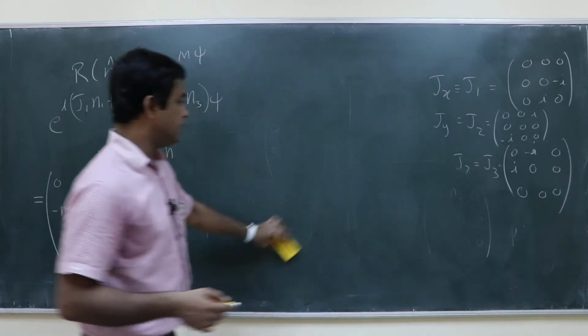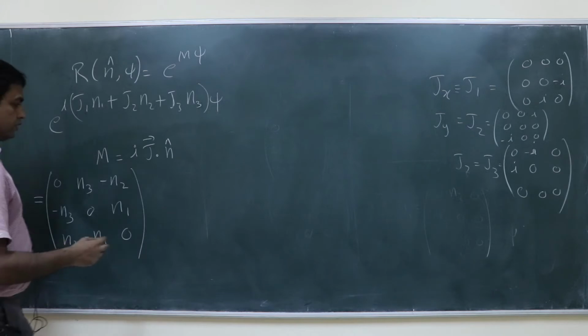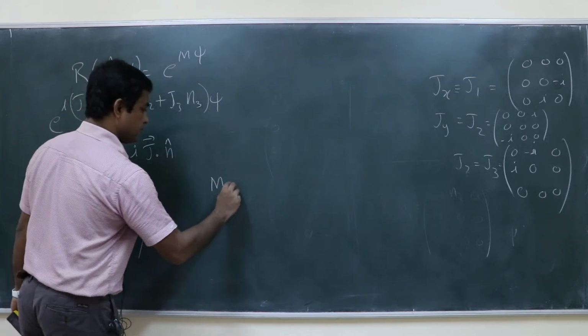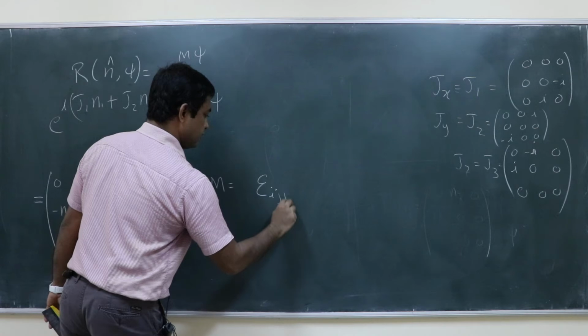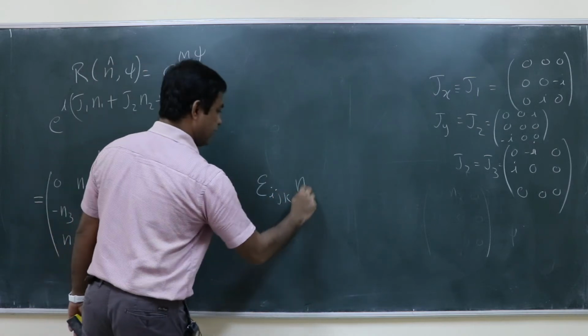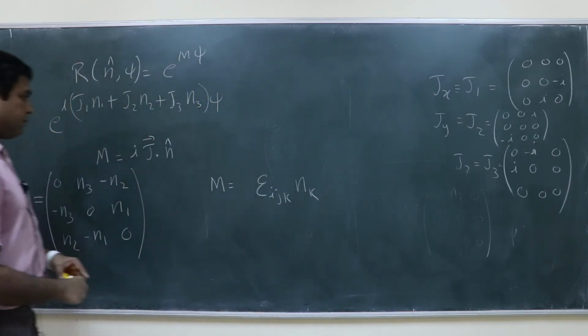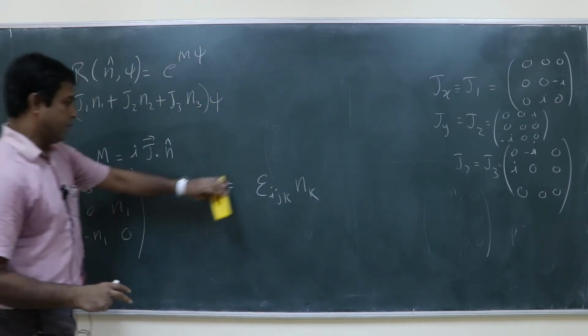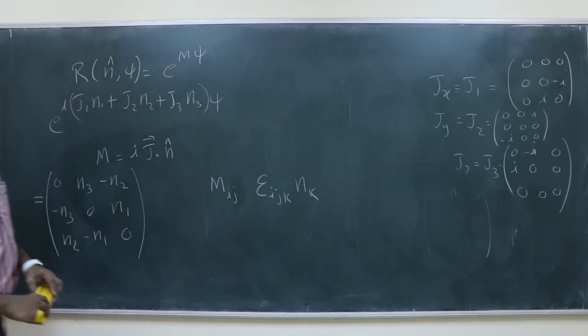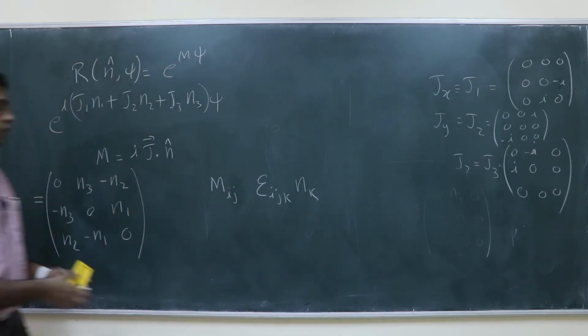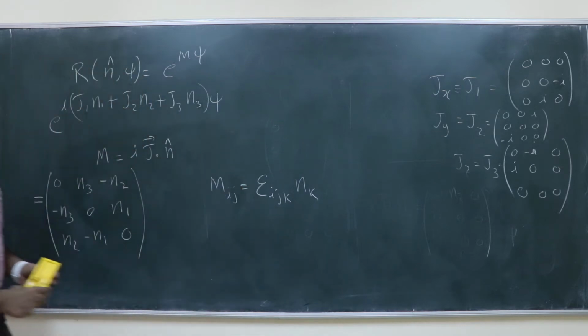So for that, can I write down this m as some epsilon ijk nk? Is m ij equal to epsilon ijk nk? Just verify whether this is correct.